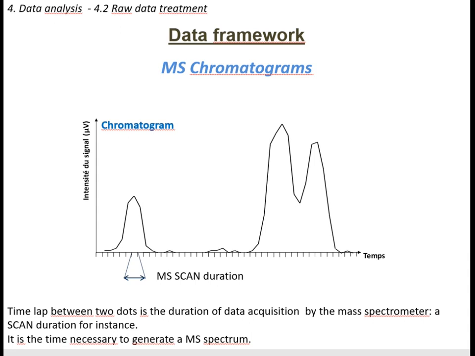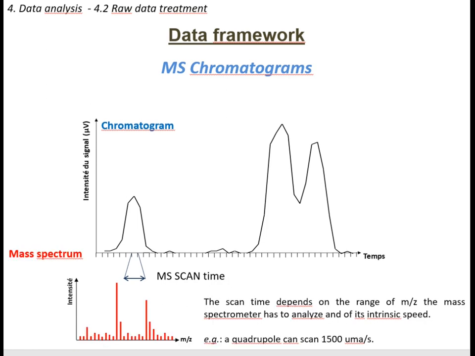The duration between 2 points is the time the machine needed to make a scan, or to make an MRM or a SIM. Anything that you ask it to do takes a certain time, and when it's finished, it will acquire the following point, and so on and so on.